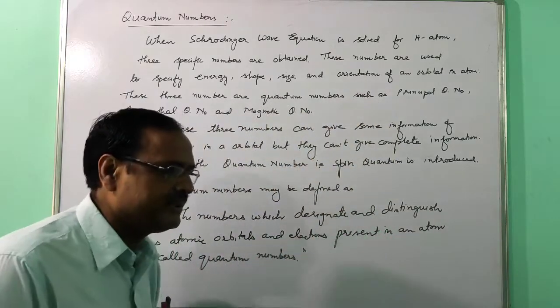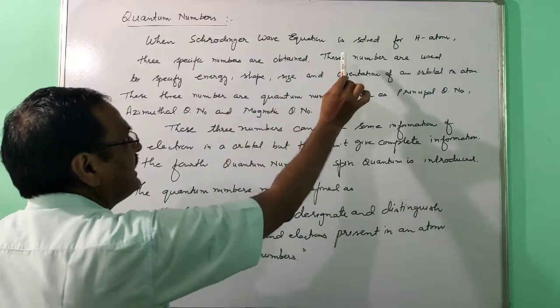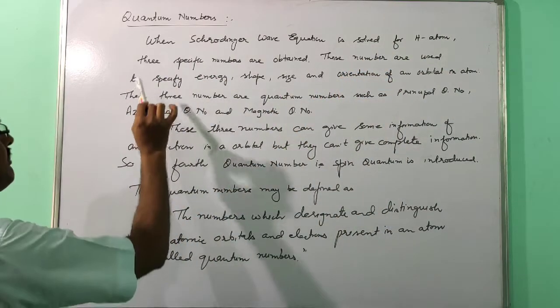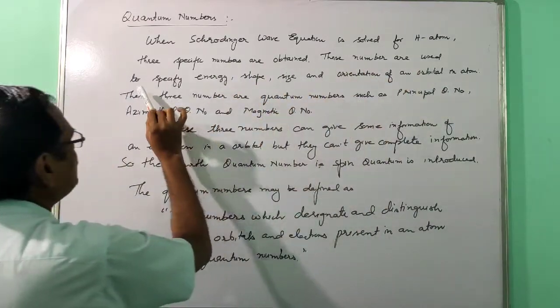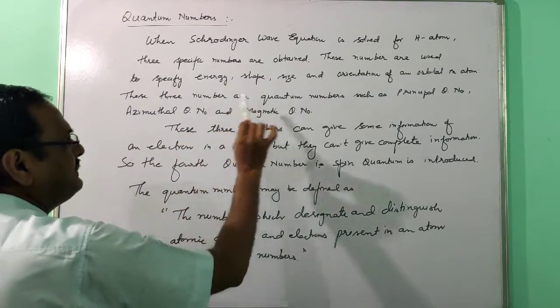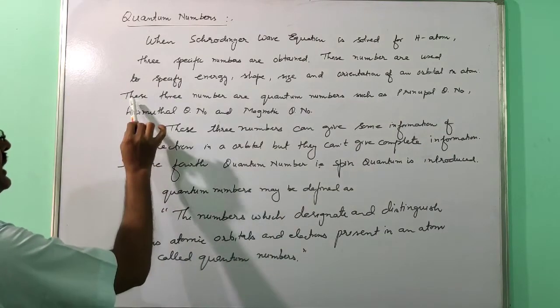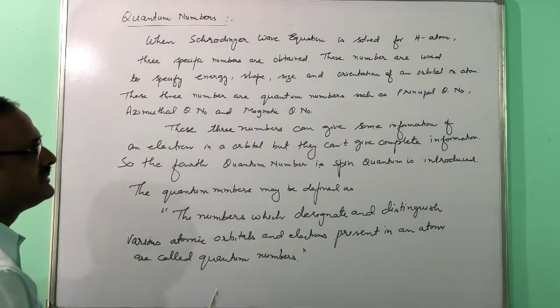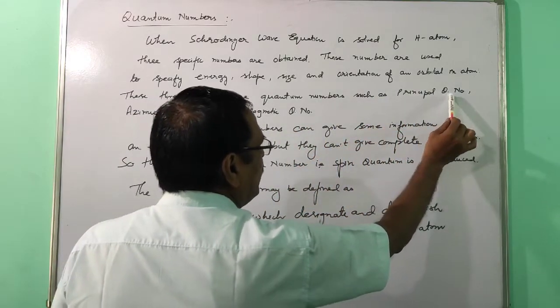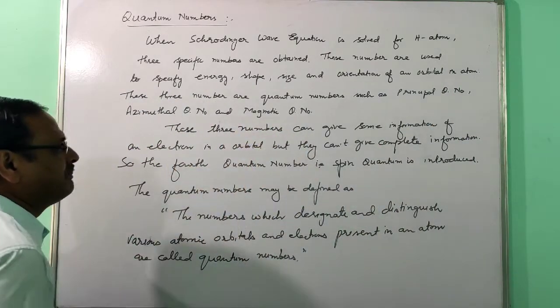You can note down in your copy that when the Schrodinger wave equation is solved for the hydrogen atom, three specific numbers are obtained. These numbers are used to specify the energy, shape, size, and orientation of an orbital in an atom. These three numbers are called quantum numbers, such as the principal quantum number, azimuthal quantum number, and magnetic quantum number.